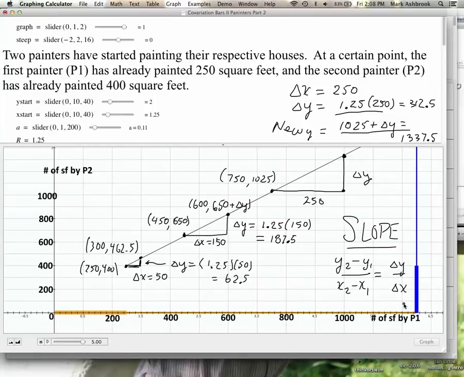Is that familiar? The ratio of the change in y to change in x. What is that number? And that's the constant rate of change, right? Is that the steepness of the line? What is our constant rate of change here? Is that the steepness of this line, 1.25?